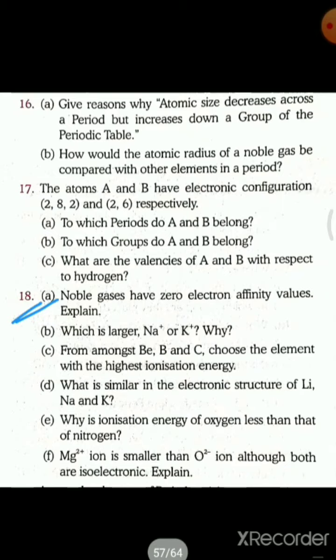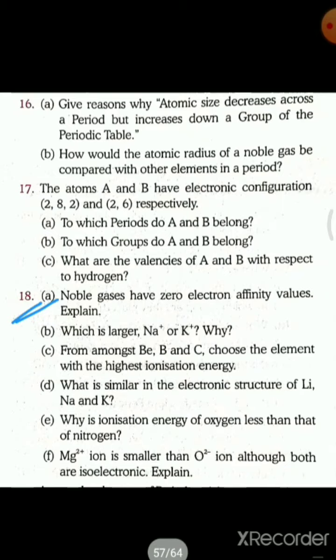That means their outermost orbital is fully filled and they have no tendency to take an additional electron. Hence, no energy is released and their electron affinity is 0. Do you understand, students?